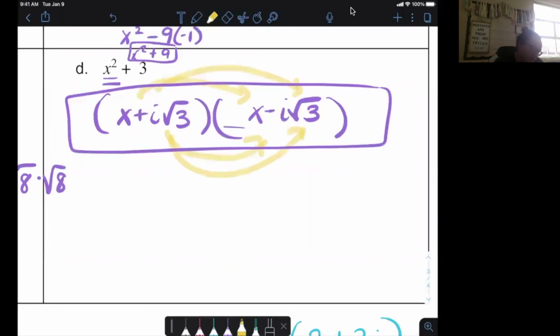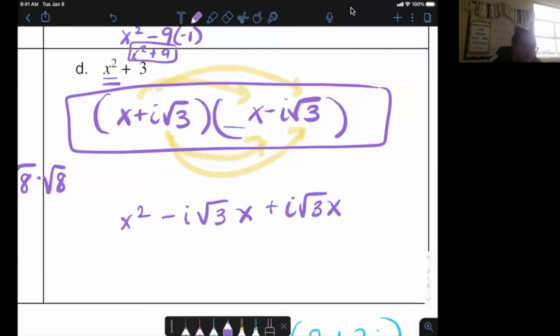So let's do that. x times x is x squared. x times negative i root 3 is negative i root 3x. i root 3 times x is i root 3x. i root 3 times negative i root 3 would be negative i times i, which is i squared, and then root 3 times root 3 is root 3 times 3.